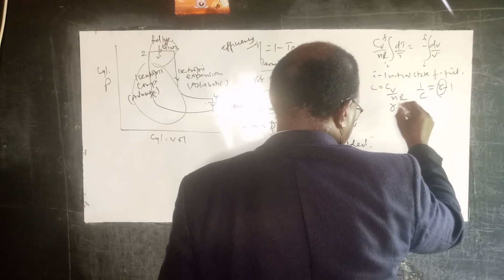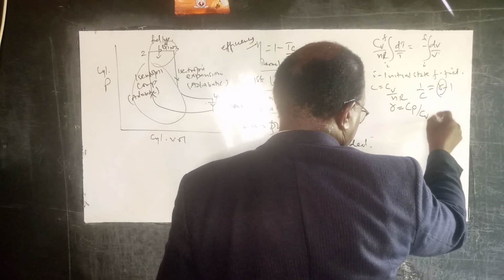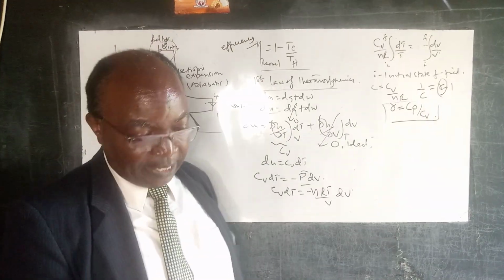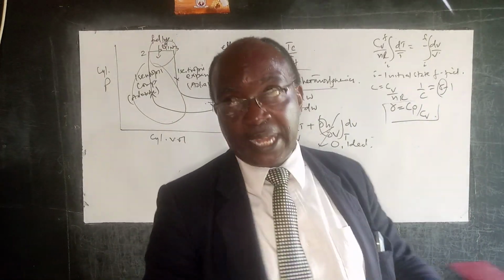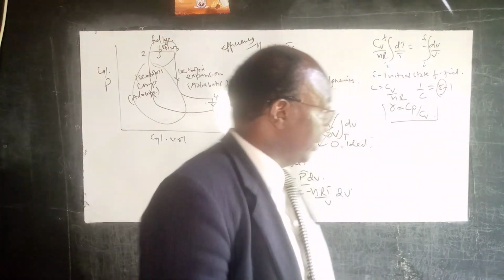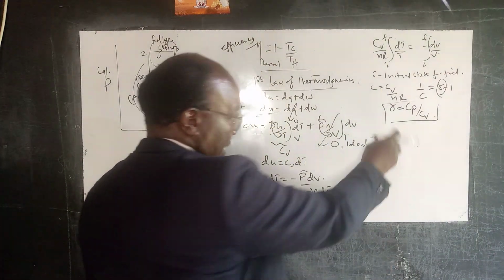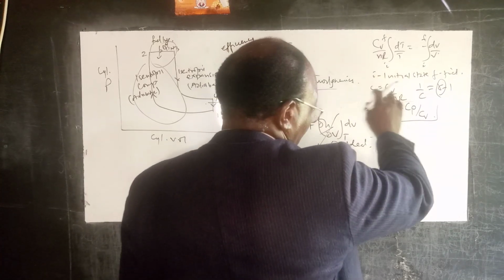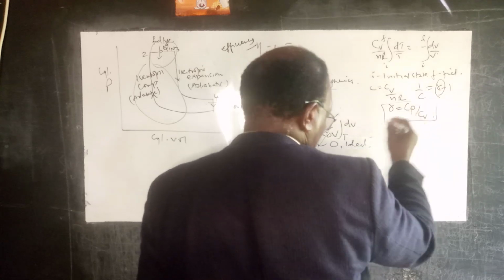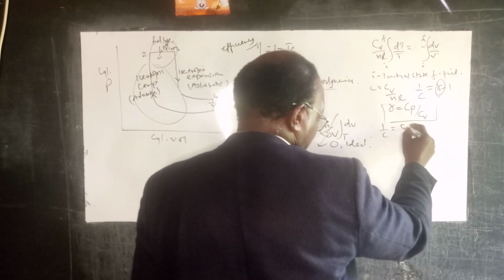This gamma is the ratio of the heat capacities. We have talked about it quite extensively in earlier lectures, so I encourage you to go through those lectures so that you get the concepts systematically. That is true because if you put gamma as Cp over Cv, then 1 over C equals Cp over Cv minus 1.